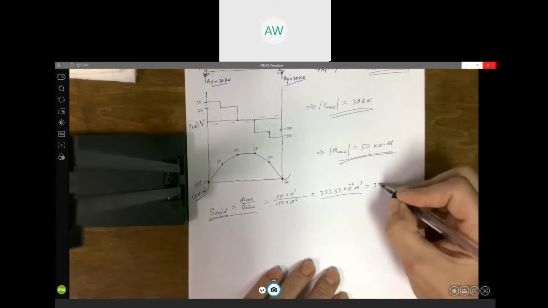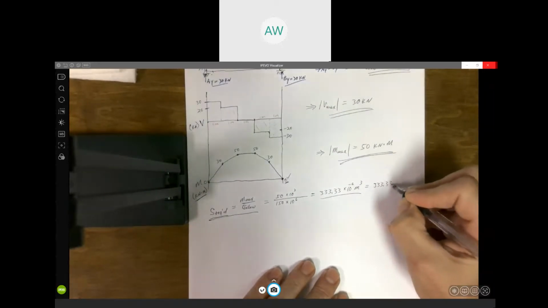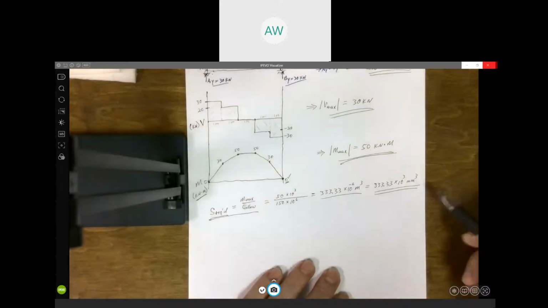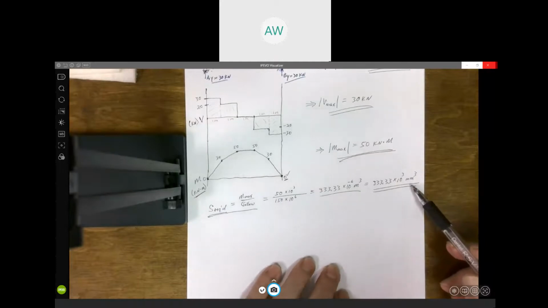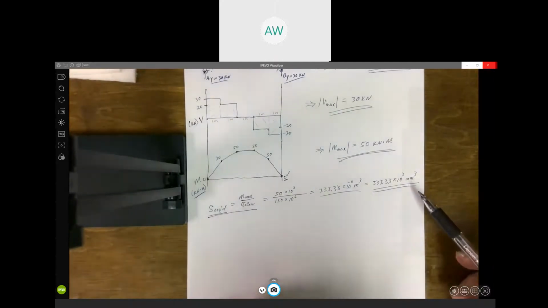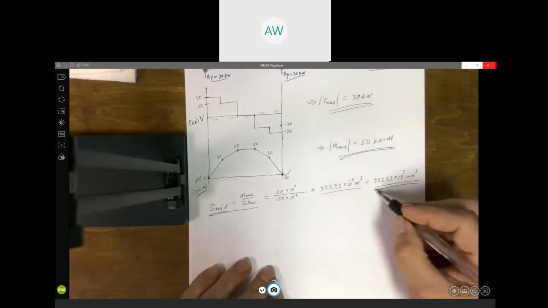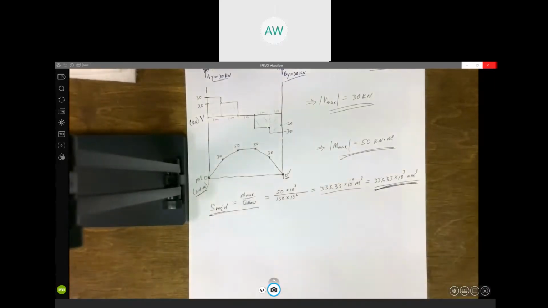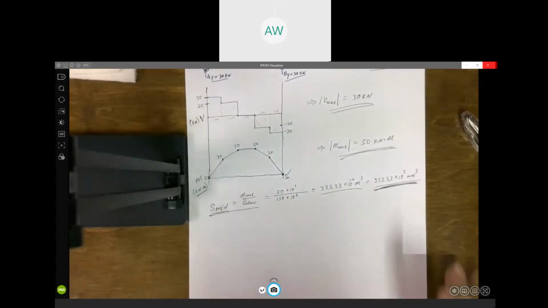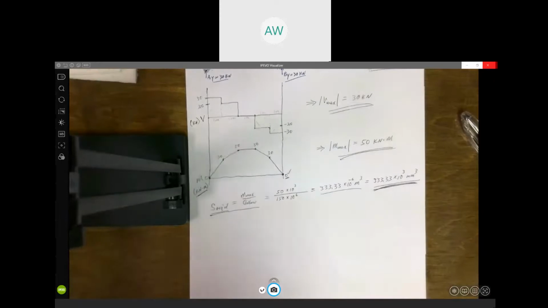And that would be 333.33 times 10 to the third millimeters cubed. Again, the reason I'm doing that is because that's the way it's going to be in that table. All right, so this is our required section modulus. That's what we're going to go to that table and choose the best beam. Any questions how we got the required section modulus?